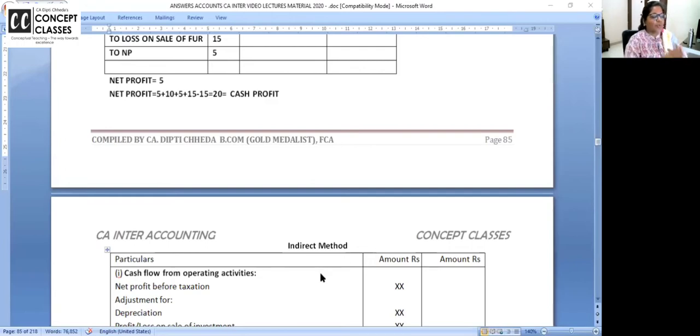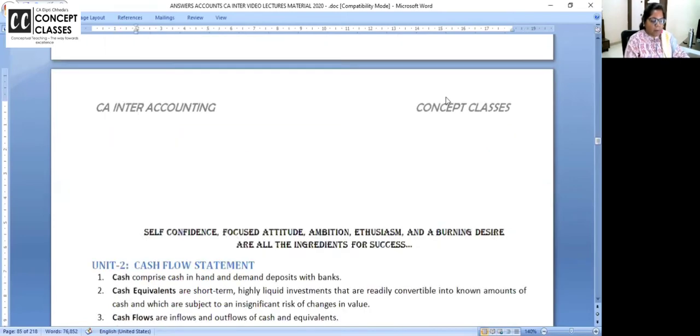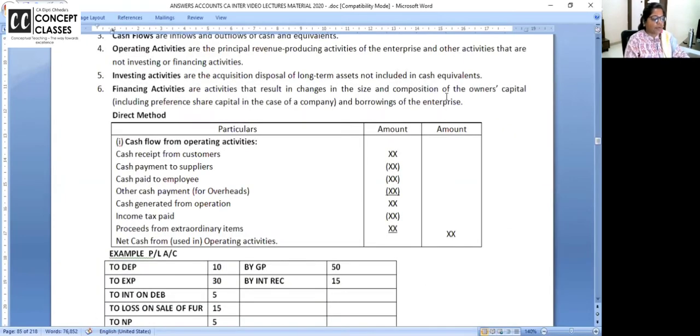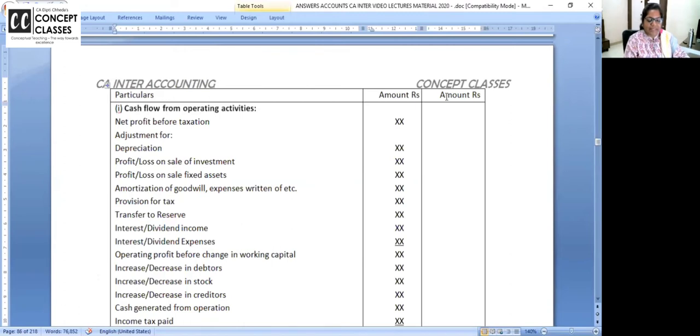Okay, so now we are ready with all the concept given problems, that is how to do the investing activity, how to do operating, how to do financing activity. So let us first have a glance. Look at the screen and let us have a glance at the format of indirect method cash from operating activities.